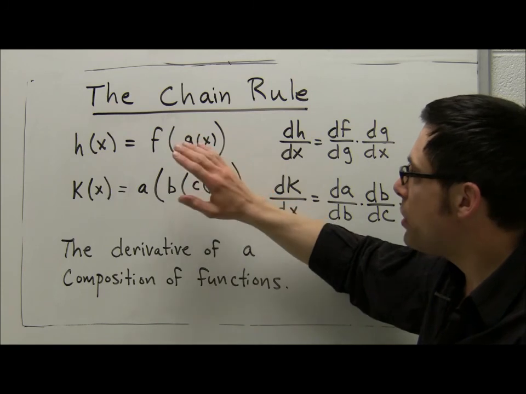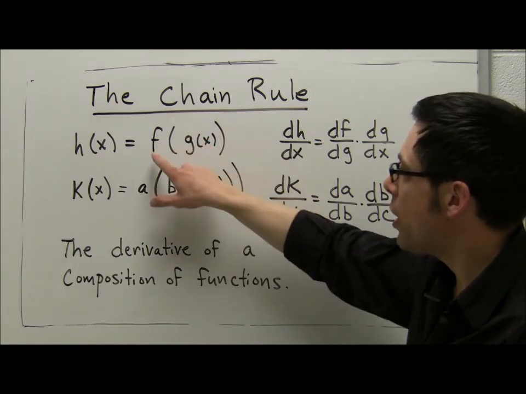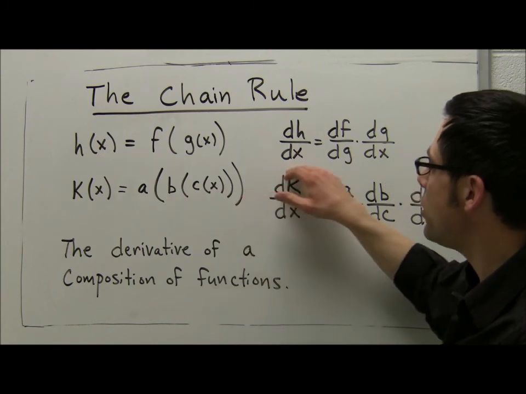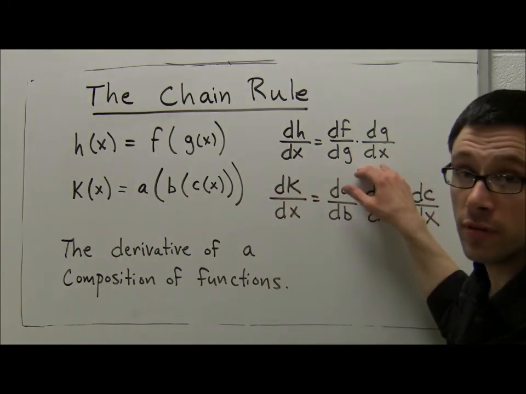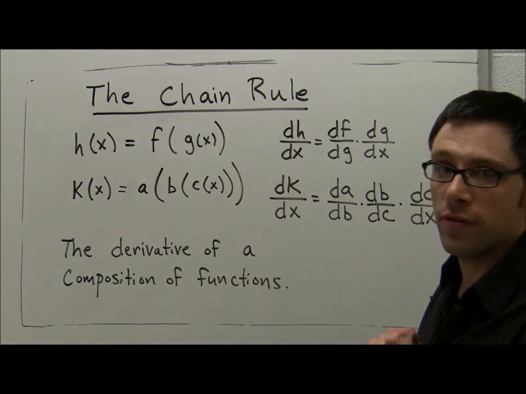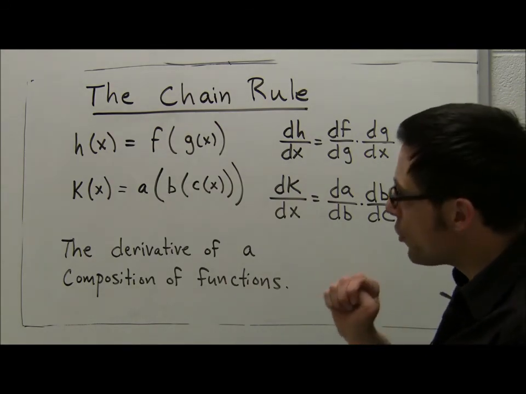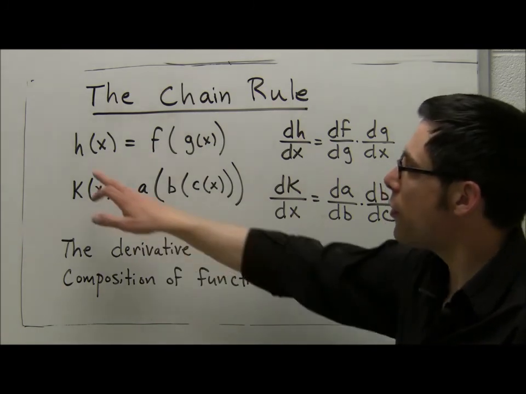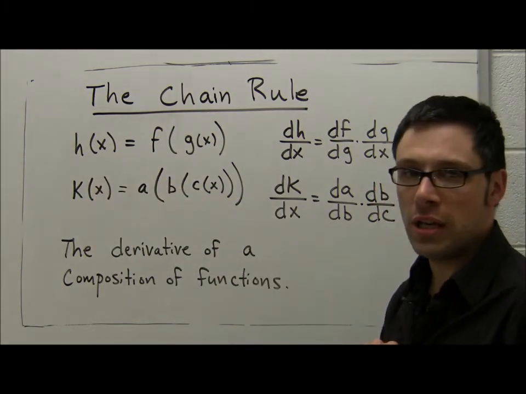Okay? So because I have a chain of functions here, f to g to x, I have to have a chain of derivatives when I'm finding the derivative of this composition of functions. Okay? Remember that the derivative tells you the rate of change of the function with respect to an input.